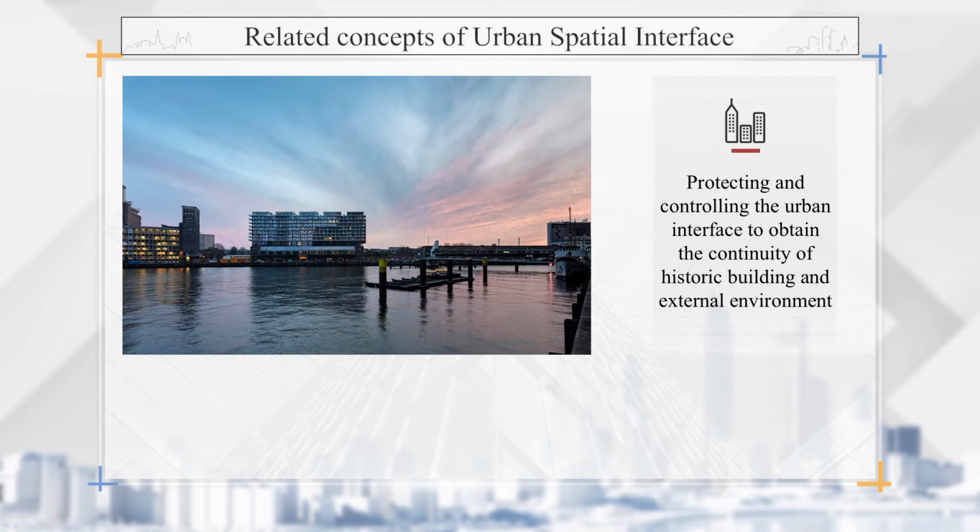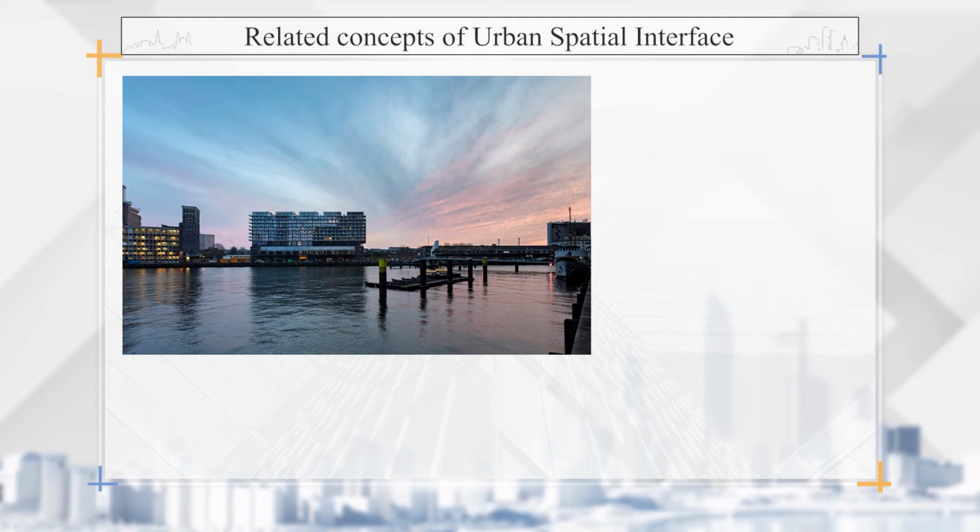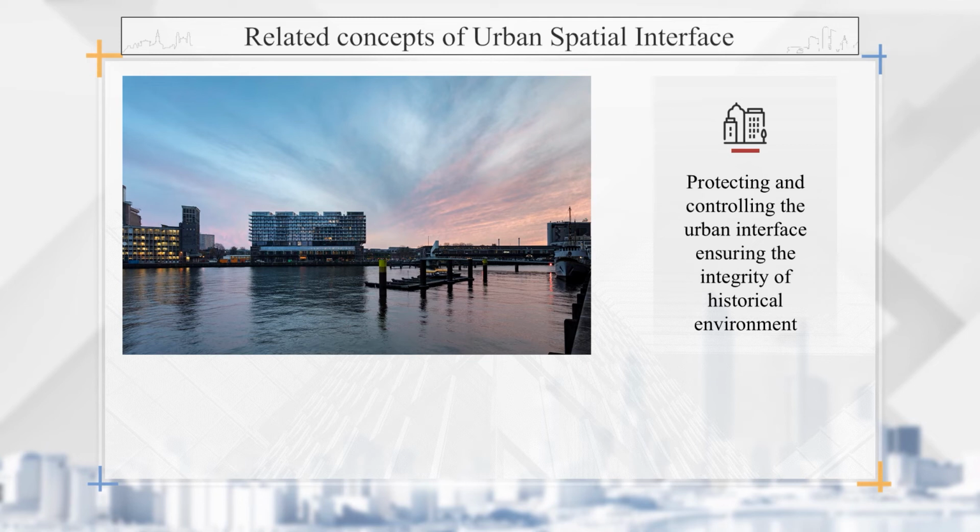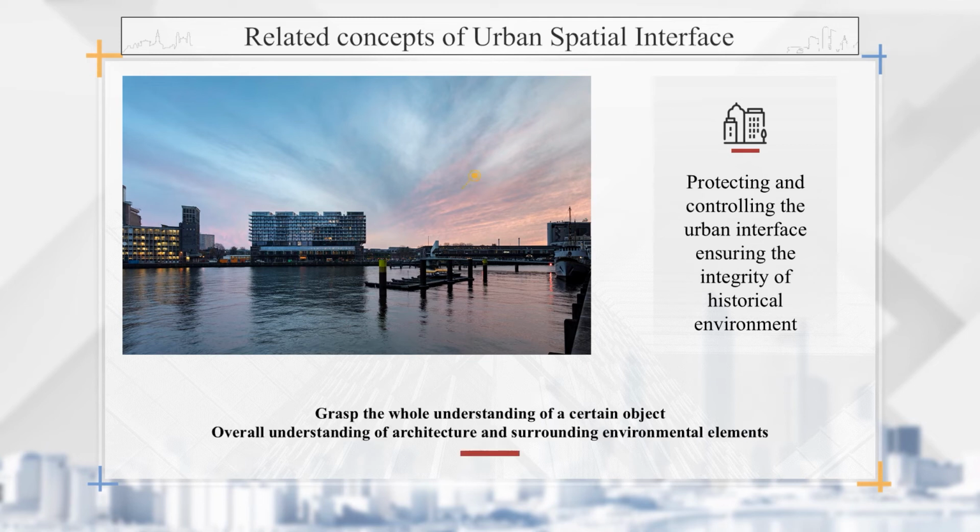Protecting and controlling the urban interface to obtain the community of historic building and external environment is an important factor in ensuring the integrity of the historical environment. You may find a phenomenon that we use a whole intuitive ability to grasp the whole understanding of a certain object at the beginning when we observe it.